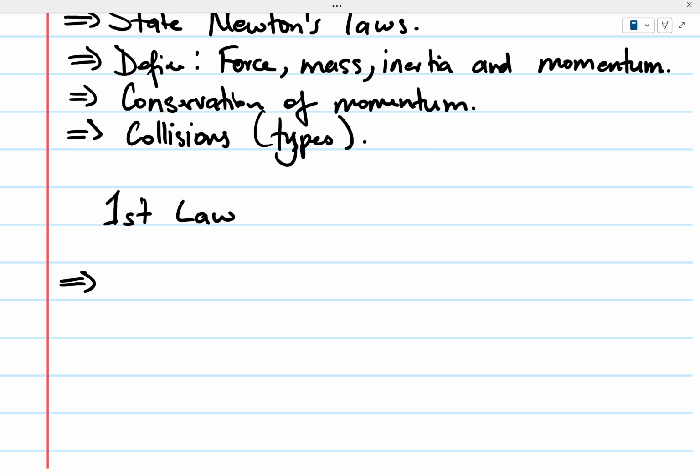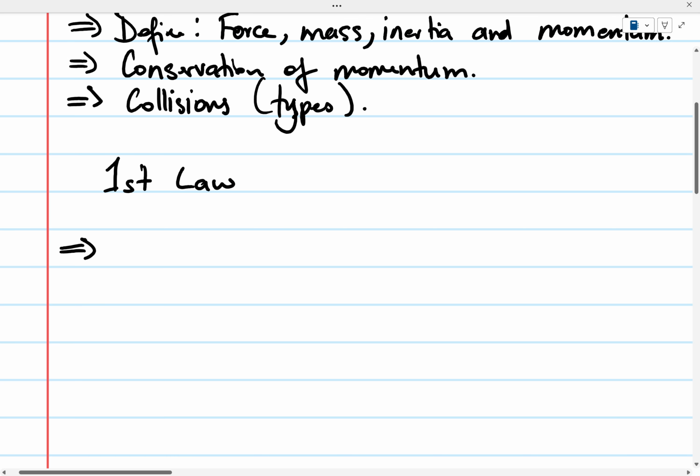So every object continues at rest, or at uniform velocity, unless acted upon by some external force. And what do we call the first law of motion? There's a term that we use for it. Inertia. Inertia.